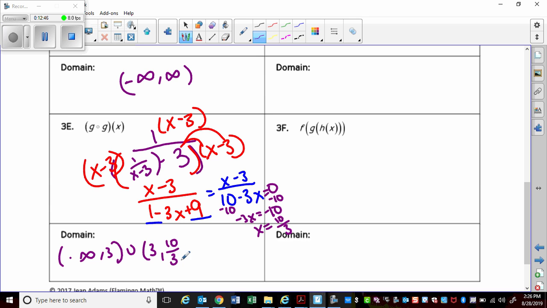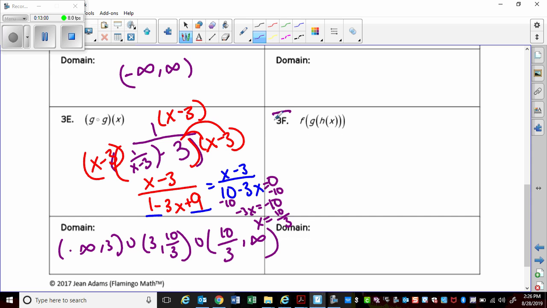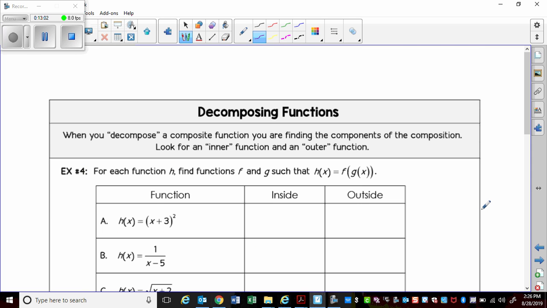It's bigger than 3, so I have to put that second. And then 10 over 3 to infinity. Alrighty, those are my two domain restrictions. I want you guys to try F. I'm going to keep going.